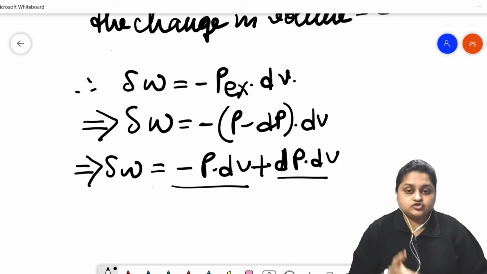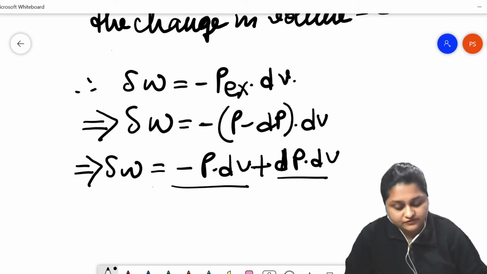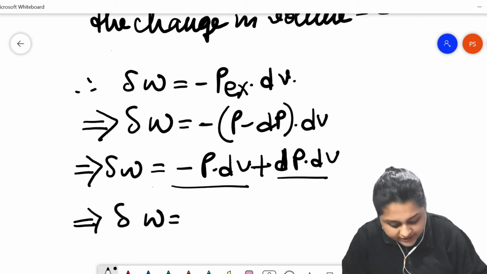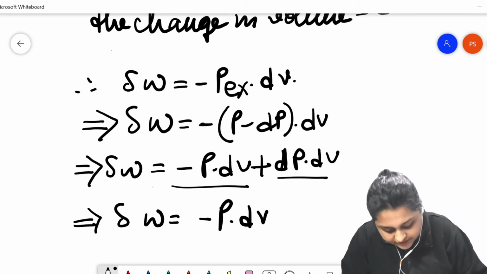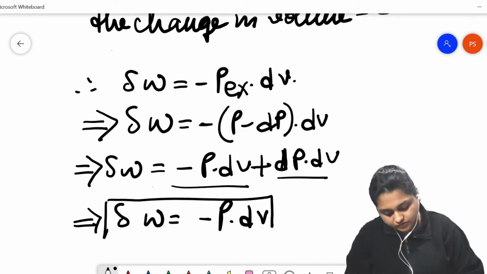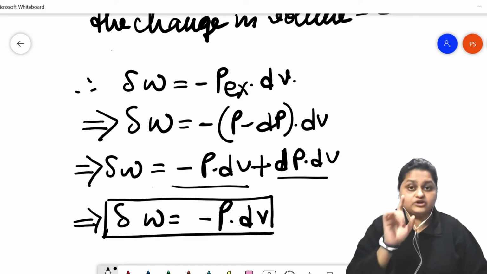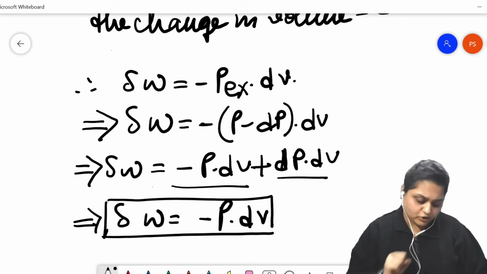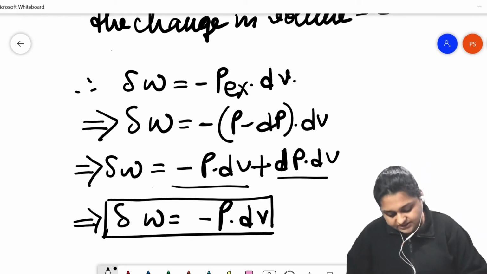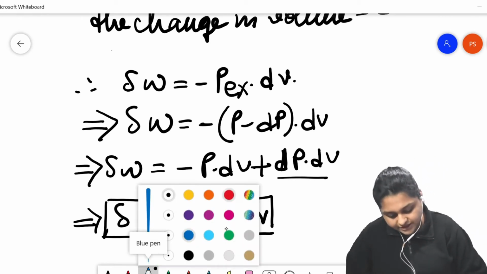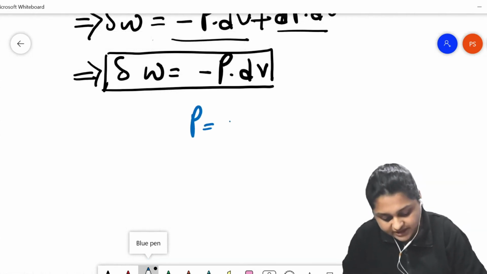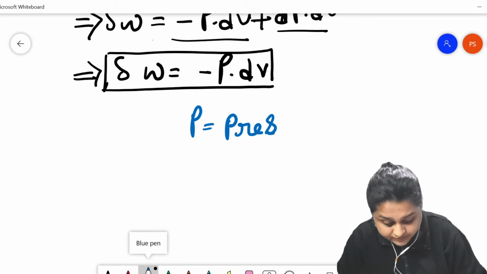So we can actually neglect this dP into dV value and write this expression as delta W equals minus P into dV. Now, this is the general expression for the work done by the system for a reversible process. In this expression, this pressure term is the pressure of the gas, not the external pressure.